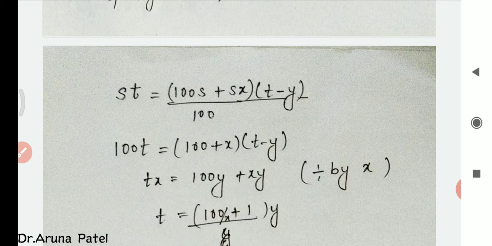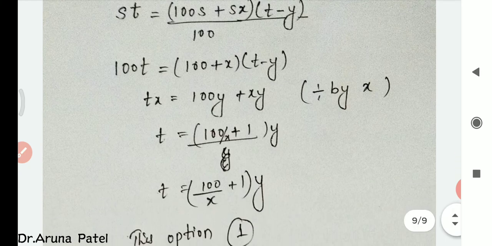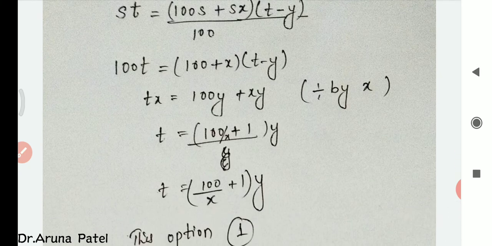So taking s common and canceling it out from the LHS and RHS, you get this. Now dividing by 100, you get tx is equal to 100y plus xy, and now t is equal to (100 by x plus 1) times y.